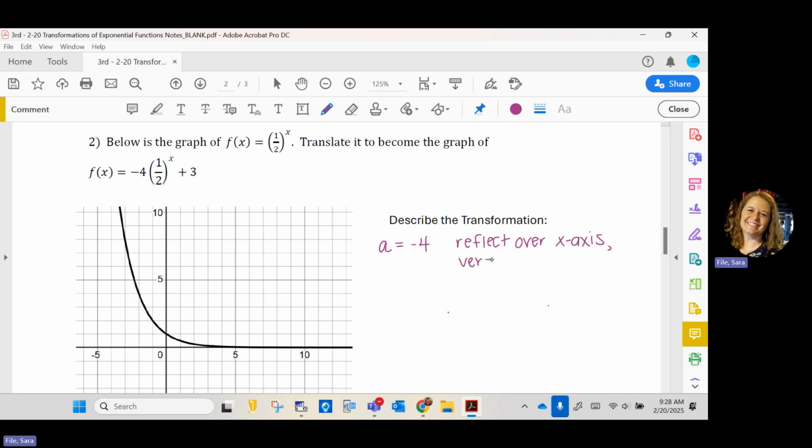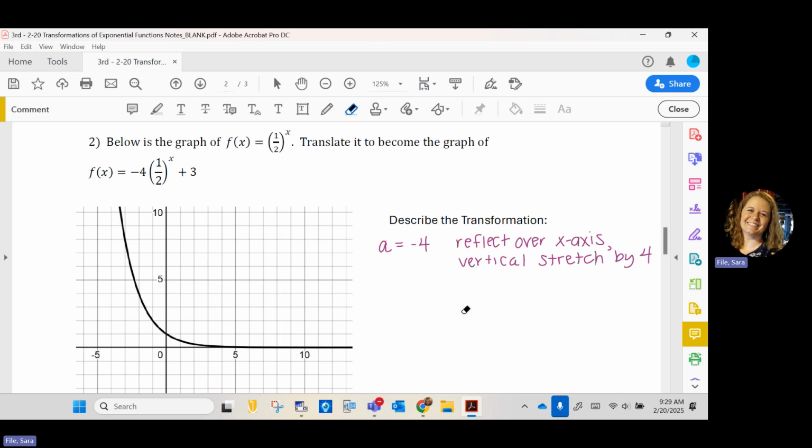It's going to be a vertical either stretch or compression. Good, because 4 is greater than 1, so it's a vertical stretch by 4. Okay, so it's going to look taller, more narrow than the original. Okay, when we do that stretch.